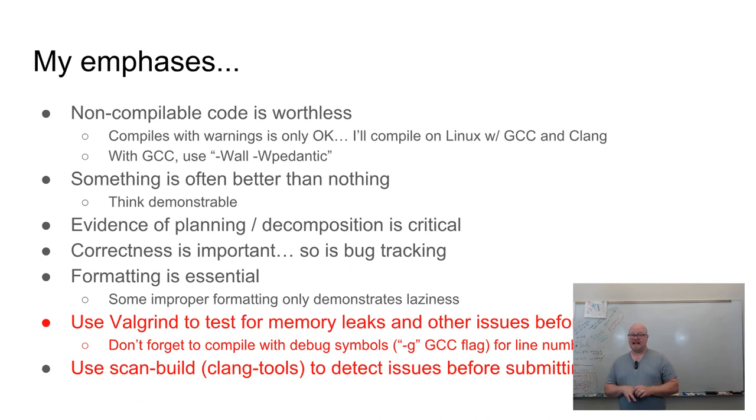Now, Valgrind is not a static analyzer. It actually requires running your program for it to give you any valuable feedback. But it'll do things like test for memory leaks. So if you take your program, and let's say you're compiling with GCC, if you add debug symbols by using the -g flag at the time you compile, then when you go to run this thing, let's say your program is called program1.